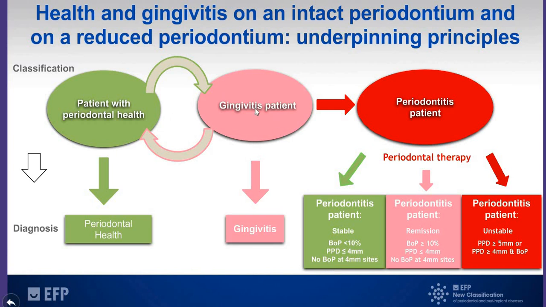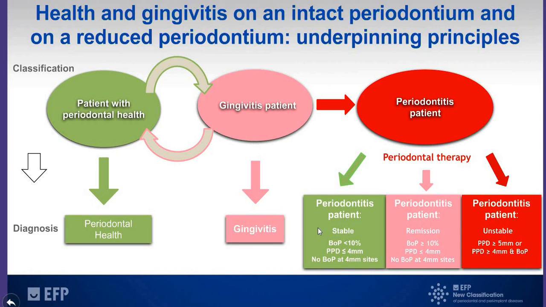Well, in case of gingivitis, okay, we have a periodontitis patient in case of remission. For example, this is healthy periodontal health in a periodontitis patient, let's say on the reduced periodontium.